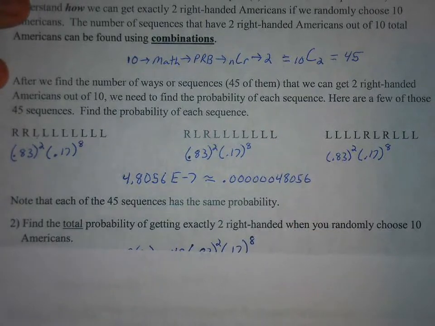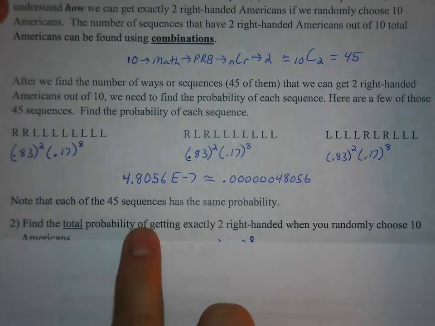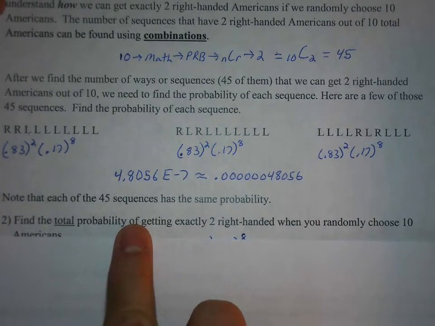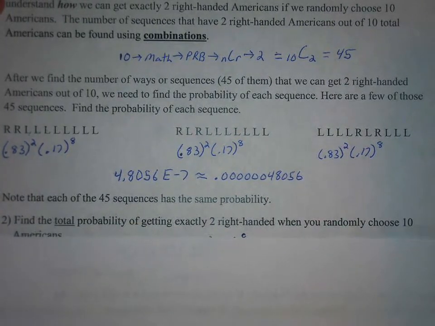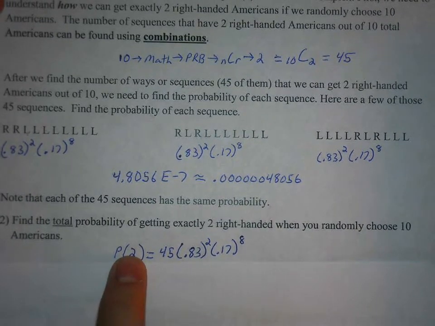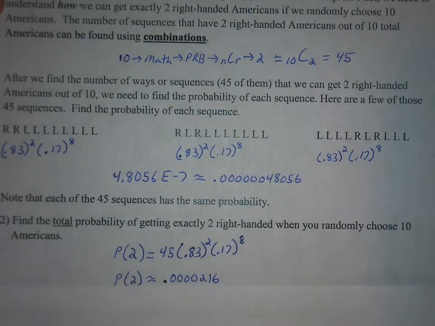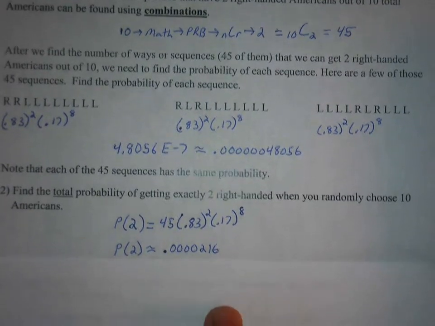But remember, we have 45 of those sequences that have the same probability. So to find the total probability of getting exactly 2 right-handed when you randomly choose 10, you have to multiply that probability by 45. So P of 2, so the probability of x equaling 2, is 45 times 0.83 squared times 0.17 to the eighth.